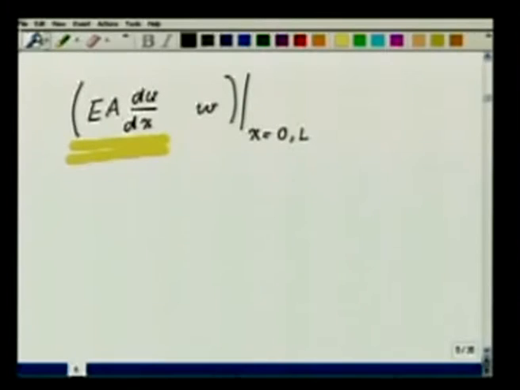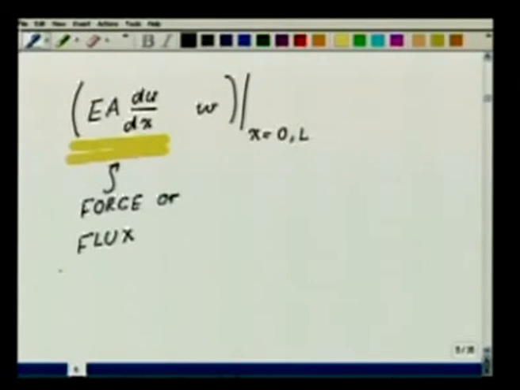What does this part specify? This specifies a force, an axial force or flux, it is called, term which is specified at the boundary.